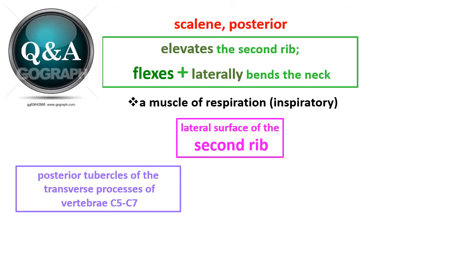It comes from posterior tubercles of transverse processes of C5, 6 and 7, and it is supplied by brachial plexus C7 and C8 spinal nerves.